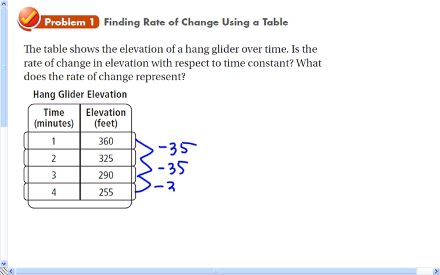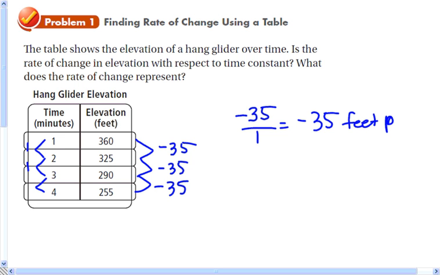And they're dropping 35 every time the time goes up by 1 minute. So my rate is the amount of change divided by how many minutes it takes, or negative 35 feet per minute. The negative represents a decrease in elevation.